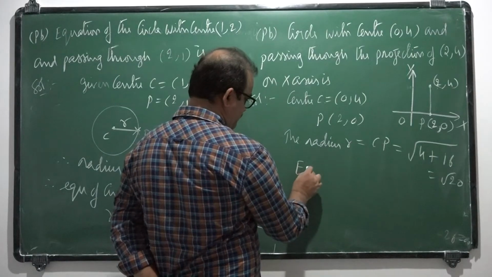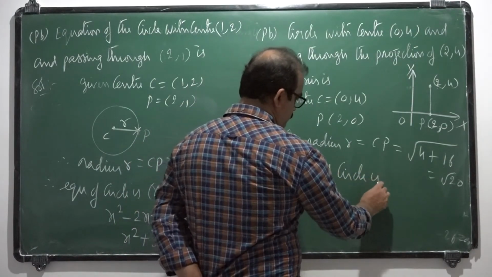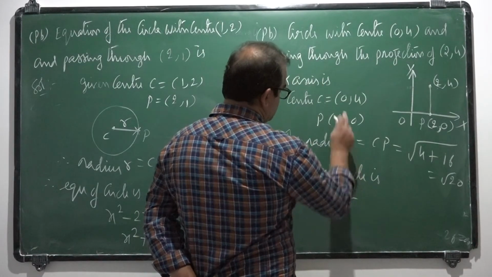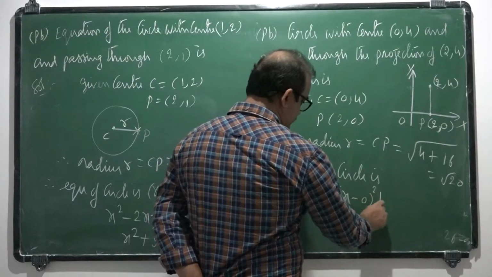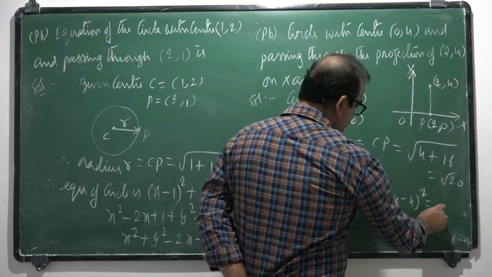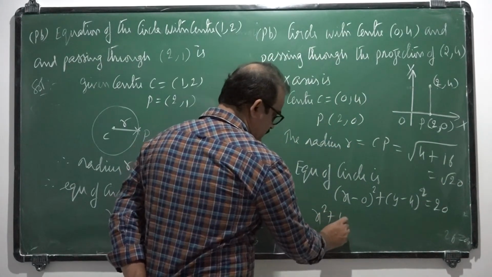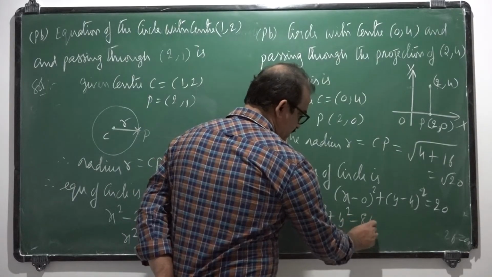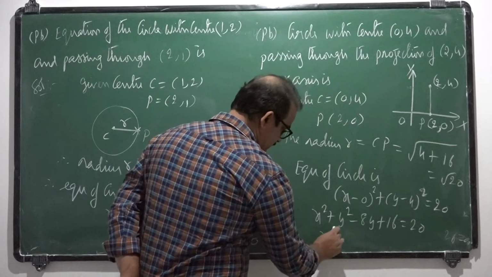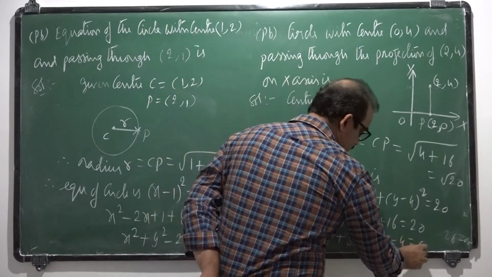Therefore, the equation of the circle is (x minus 0) whole square plus (y minus 4) whole square is equal to r square, that is 20. Now expand it: x square plus y square minus 8y plus 16 is equal to 20, or x square plus y square minus 8y minus 4 is equal to 0.